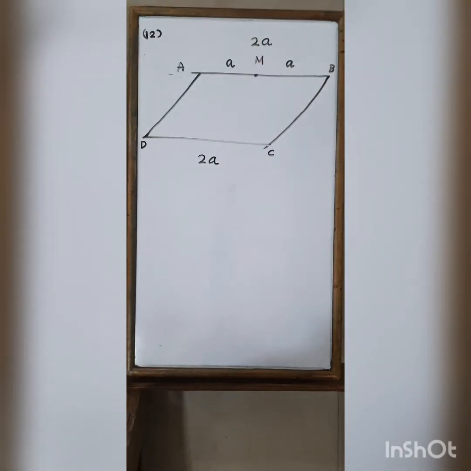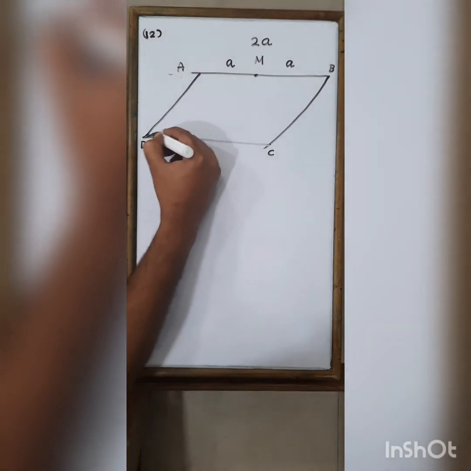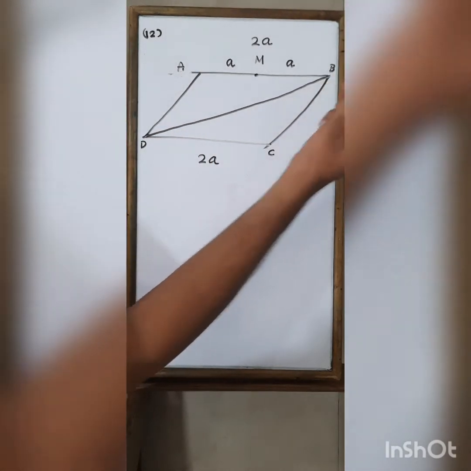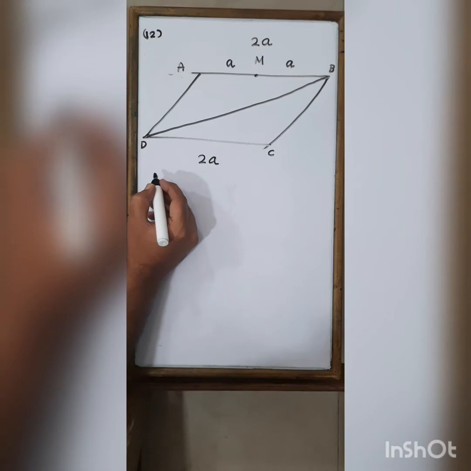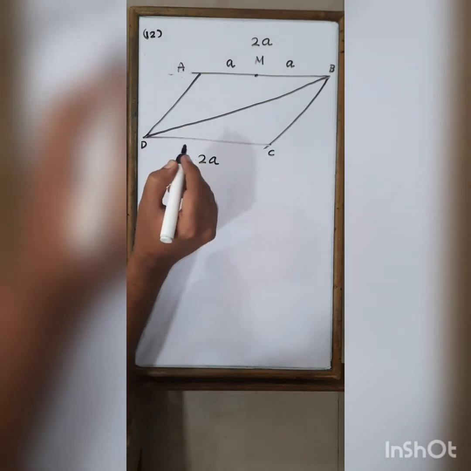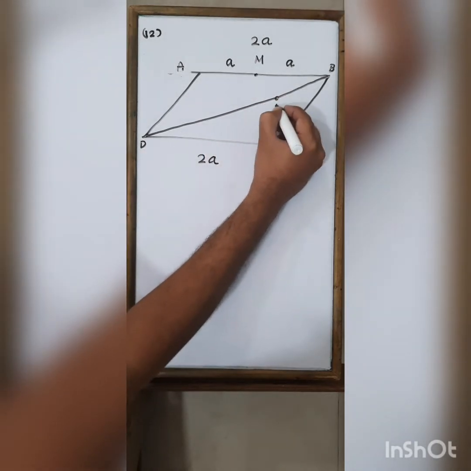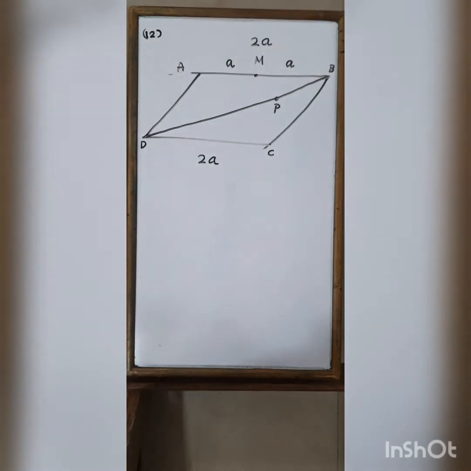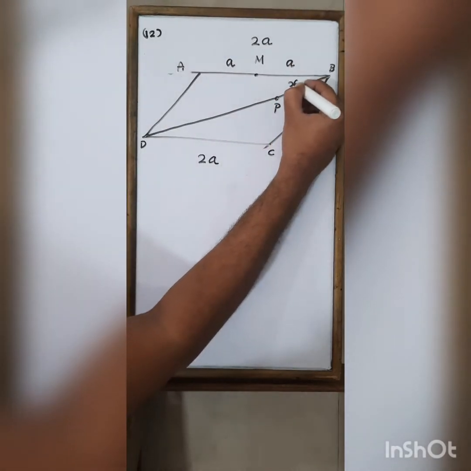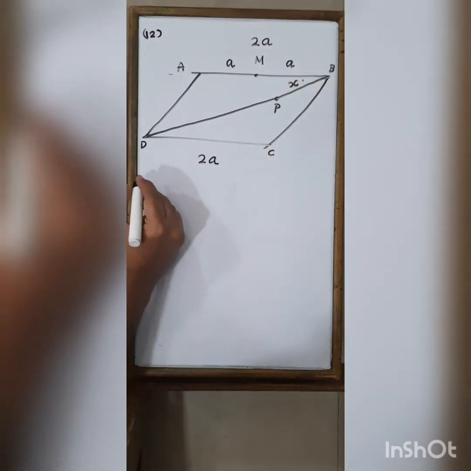P is the point on the diagonal BD. So you have a diagonal BD. And P is a point such that BP is equal to 1 upon 4 times of BD. I will take PB is equal to X. So what is given?